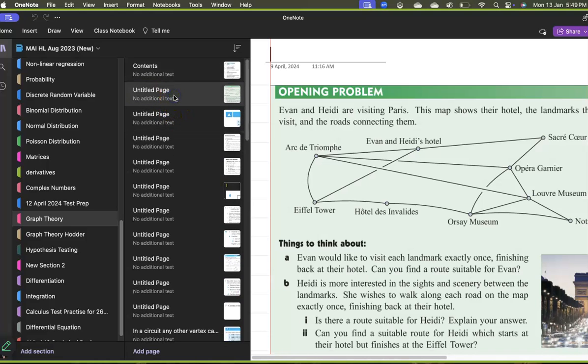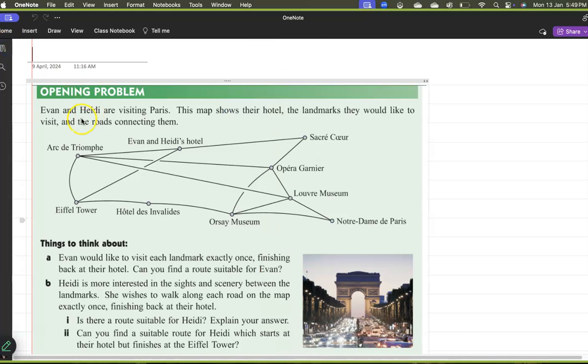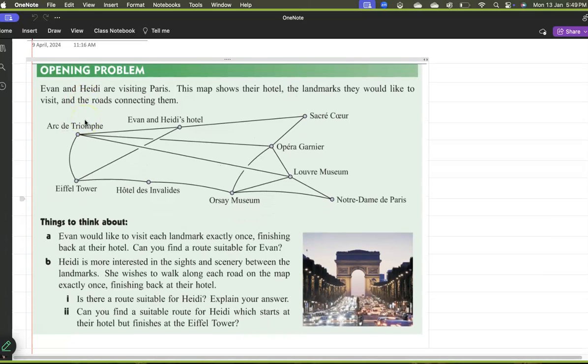Now, what is the main thing that we start with? First of all, what is a graph? So, a graph is basically, suppose you're visiting Paris, correct? So the roads are there, and these monuments are there. You want to visit these different monuments. So, which is the route you will take?